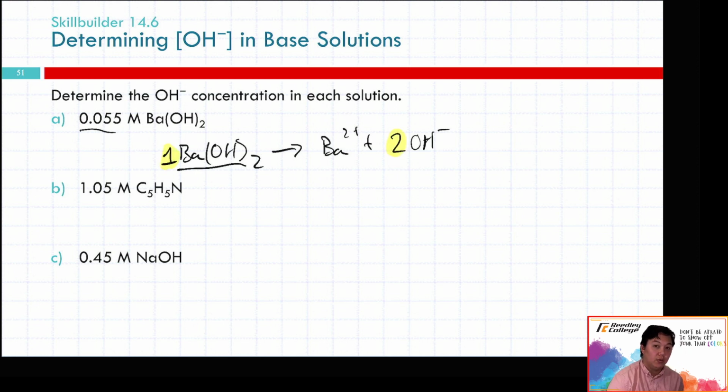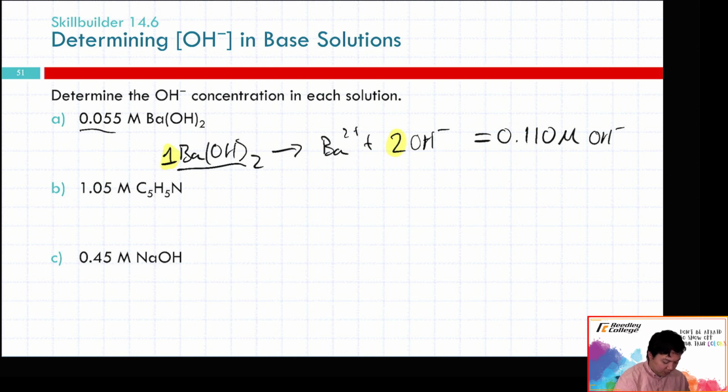So we're going to end up with twice as many hydroxides. So this is going to be 0.110 molar OH minus. But again, weak bases, right? So since it's a weak, oh no, it's a strong base. Sorry. This is a strong base.